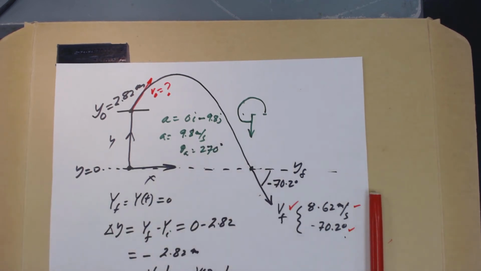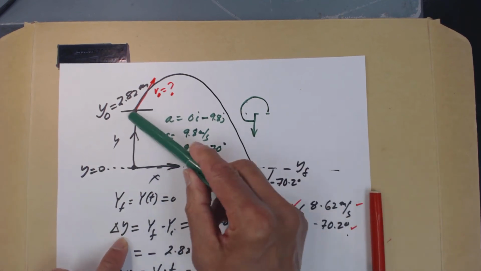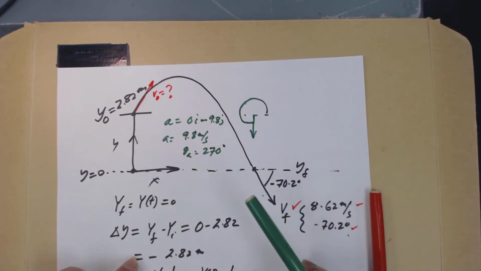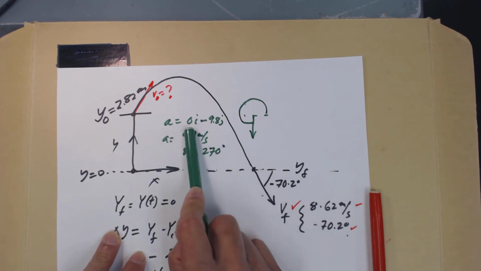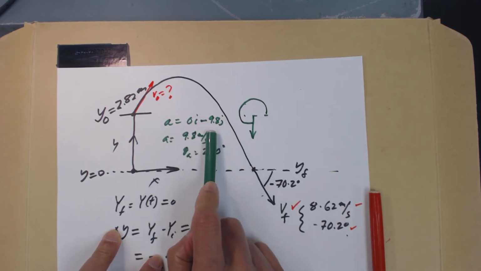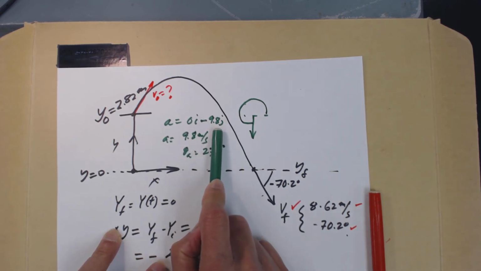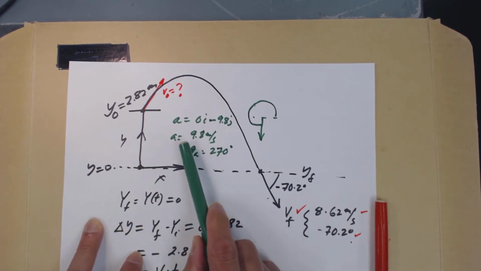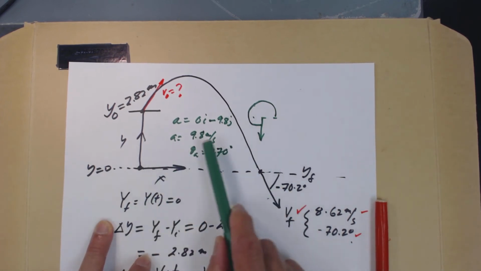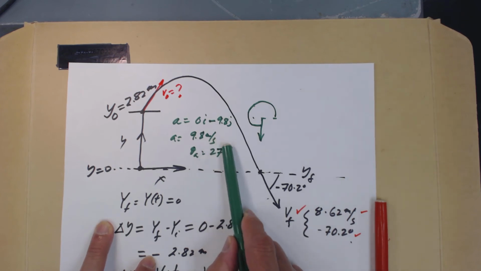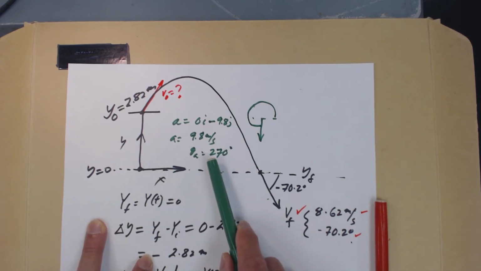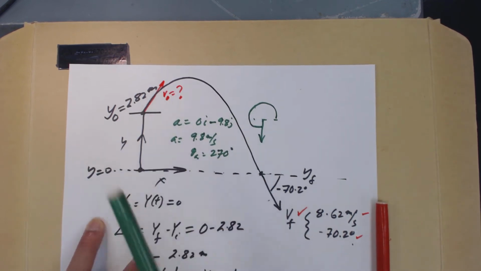So the acceleration vector for a projectile motion could be said as Ax is 0 and Ay is minus 9.8 meters per second squared, or in polar form, magnitude is 9.8 meters per second squared and angle is 270 degrees with the x direction.